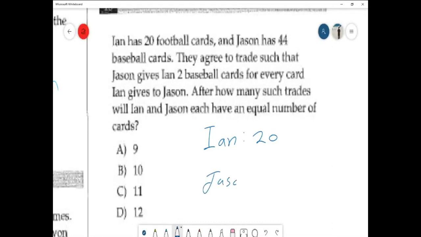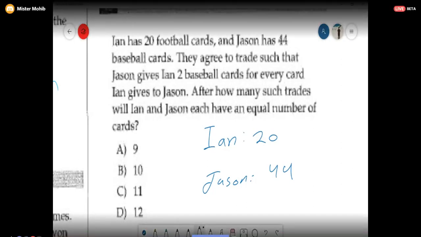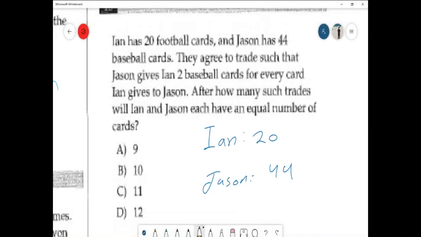Okay, so I have Ian. Ian has 20 cards. Let's say cards, doesn't matter whether baseball or football. And Jason has 44 cards. And they are trading.